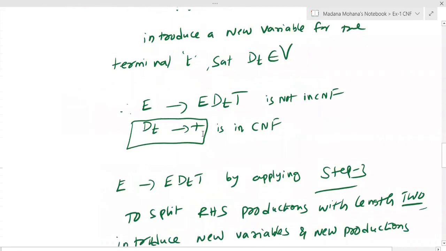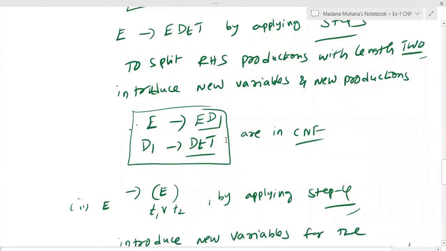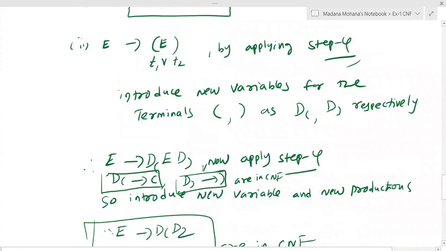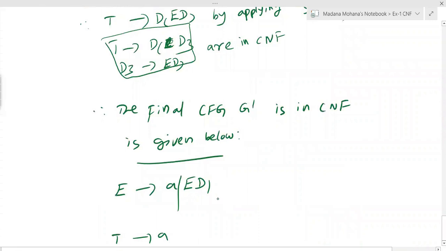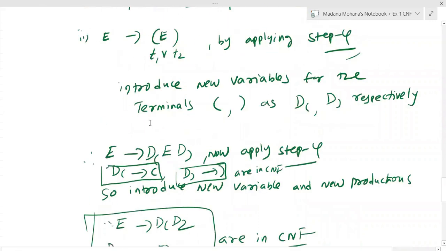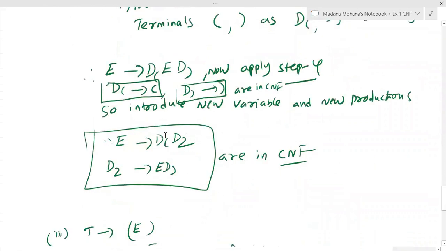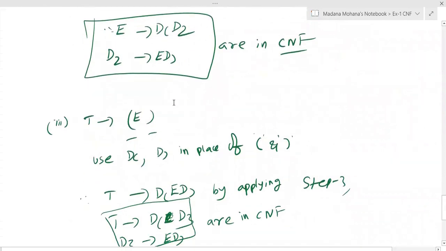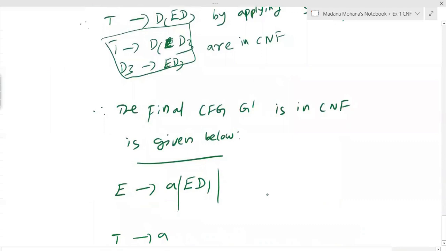So here you can see E derives E D1. That is one new production. Then what are the other E productions? Then here E derives D suffix left parenthesis D2.